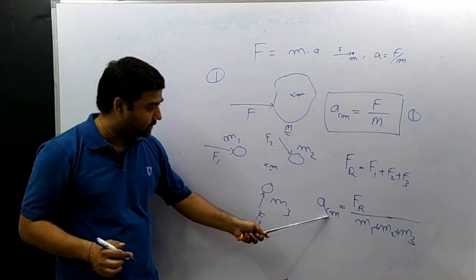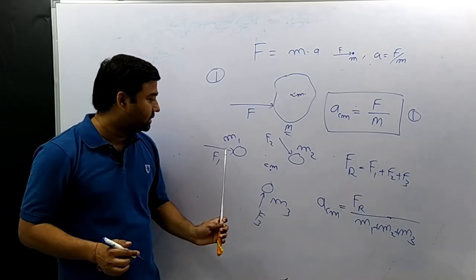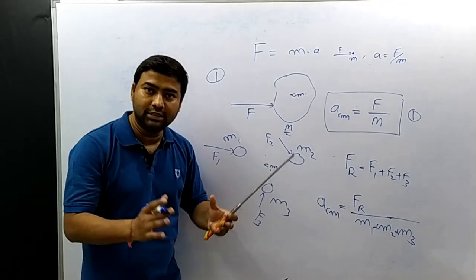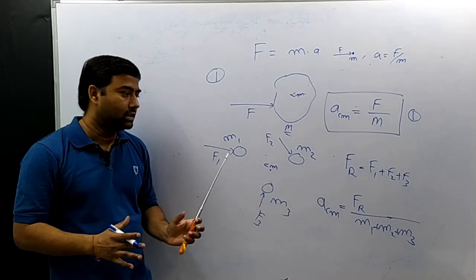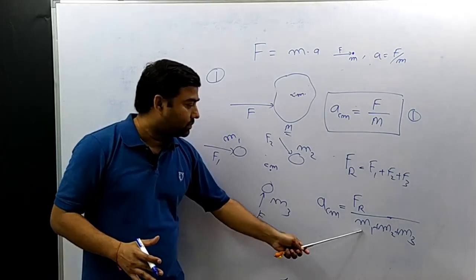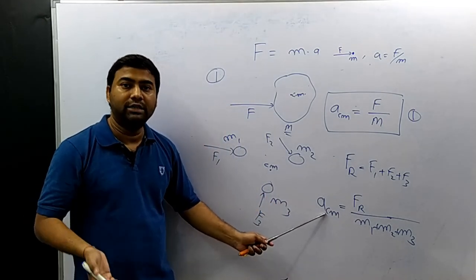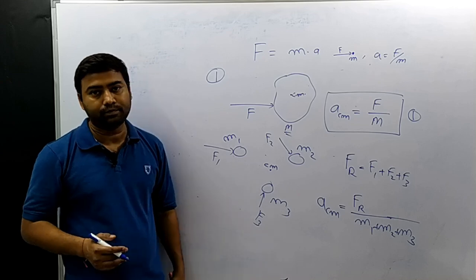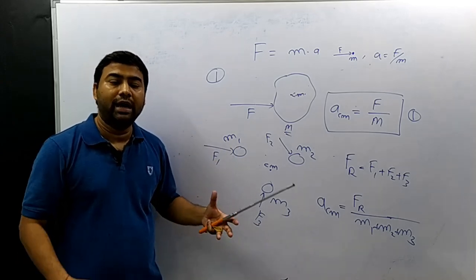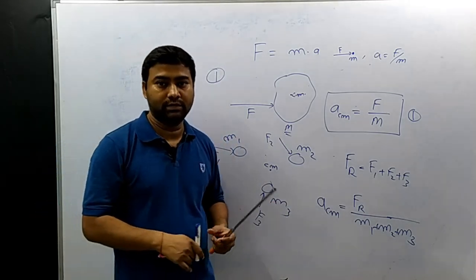That is, the acceleration of center of mass is the resultant force on the system, F resultant is F1 plus F2 plus F3, that is the resultant of all external forces acting on the system, divided by the total mass of the system, M1 plus M2 plus M3. So this is the acceleration of the center of mass of this system. This is Euler's first law of motion, which is applied for a rigid body and a system of bodies having more than one mass.